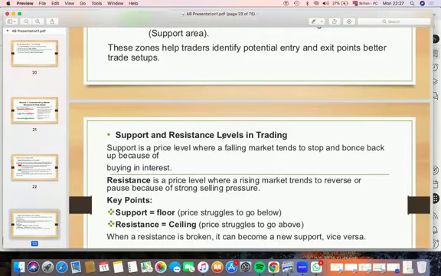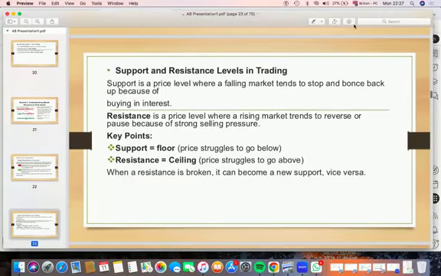So just to give us more insight on our support and resistance level, I'll just quickly read this to us and then slightly define it. So we say our support and our resistance level in trading. Support is a price level where a falling market tends to stop and bounce back. Okay, so we define that really.